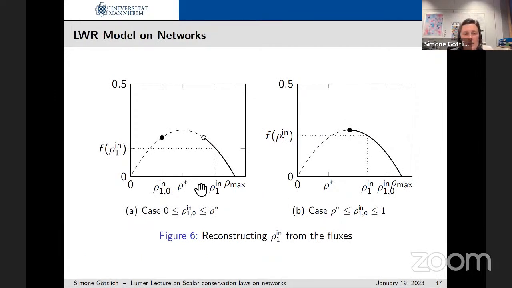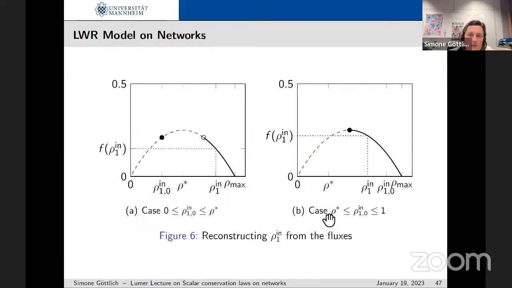In the first case, if we know that the initial data is in this regime, the flux we have computed from the maximization problem gives us the value of rho, which is given by this point here.